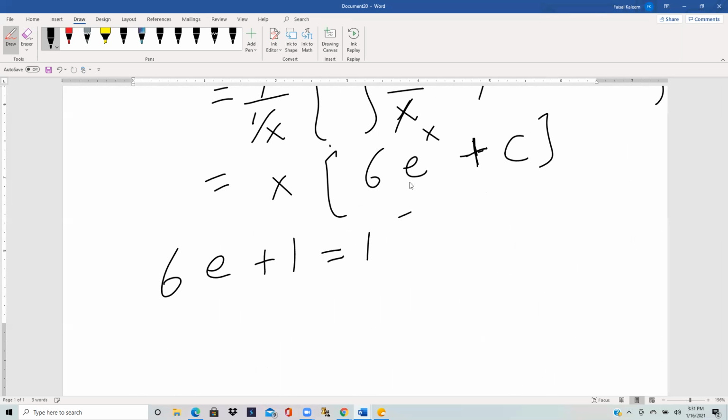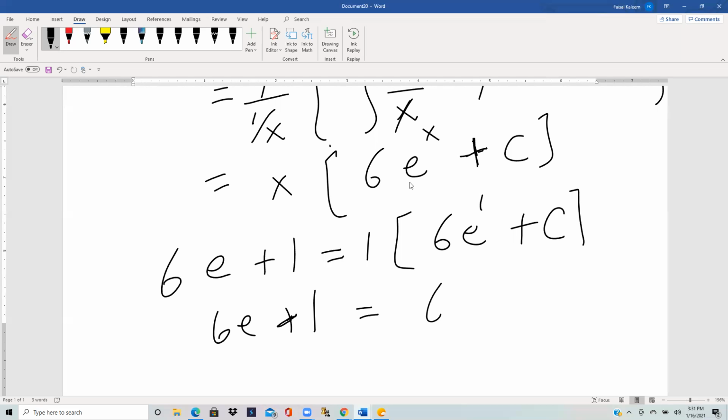The x value is 1. 6e^1 plus c. And you get 6e plus 1 is equal to 6e plus c. And this cancels out. c is equal to 1.